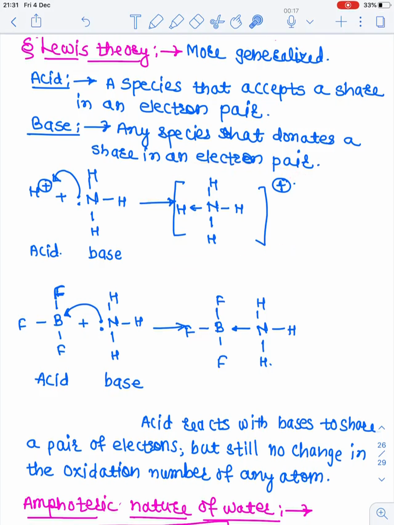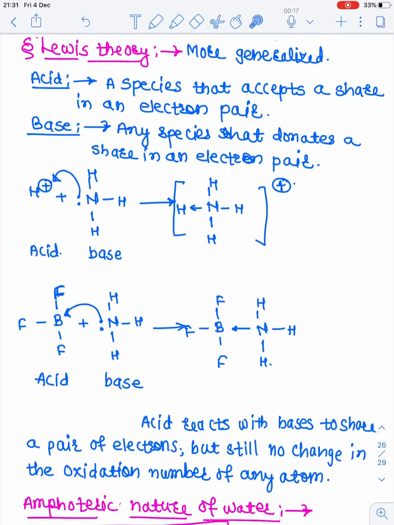Now again we will see another example. Suppose this is BF3. It is more electronegative, and it always accepts a share in an electron pair because it is more electronegative.